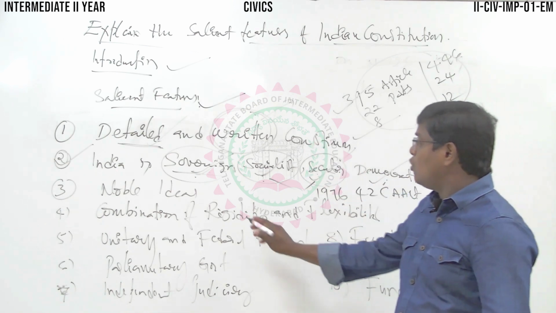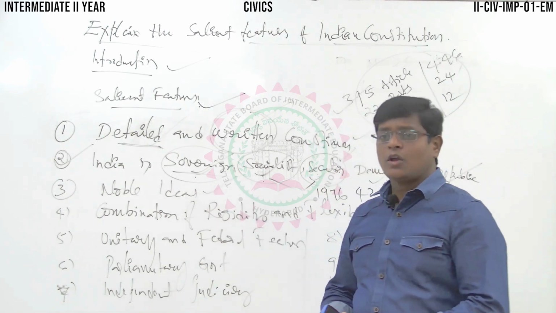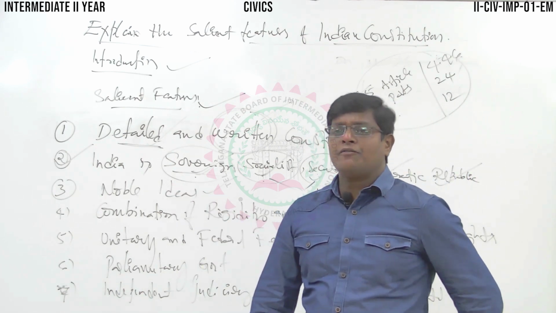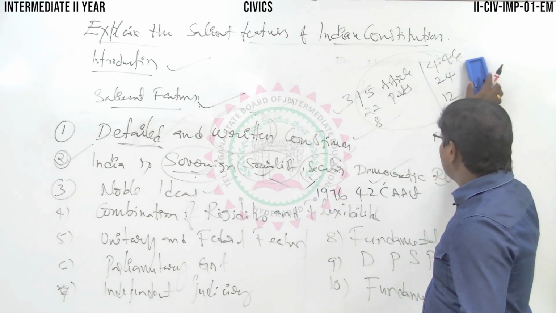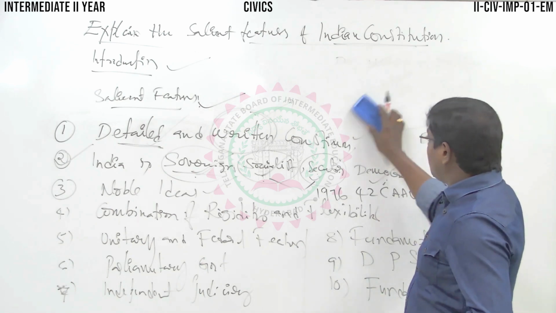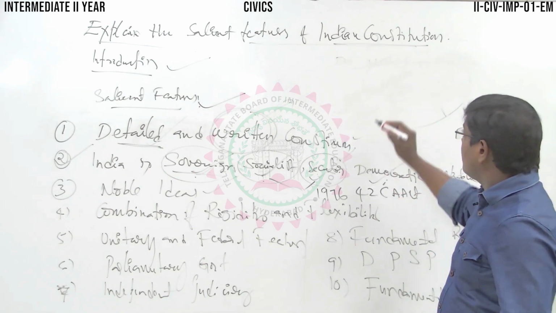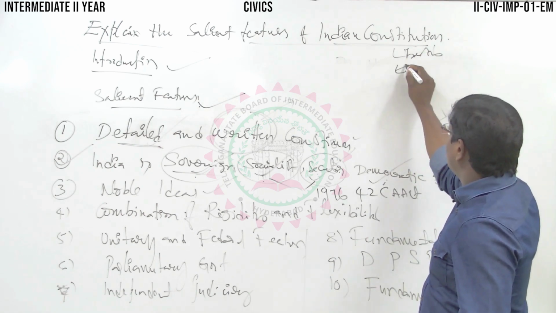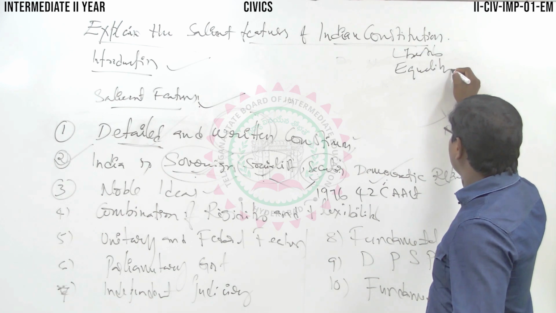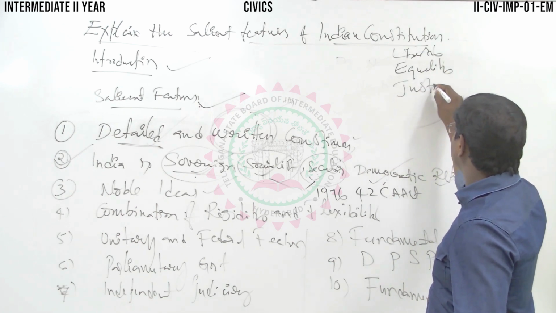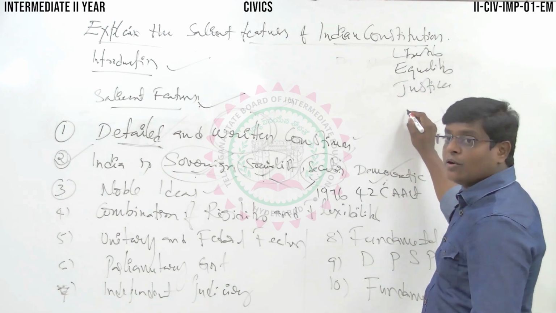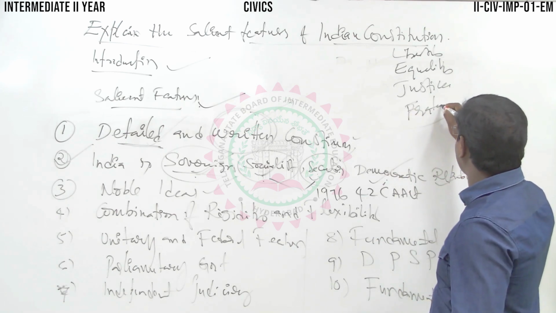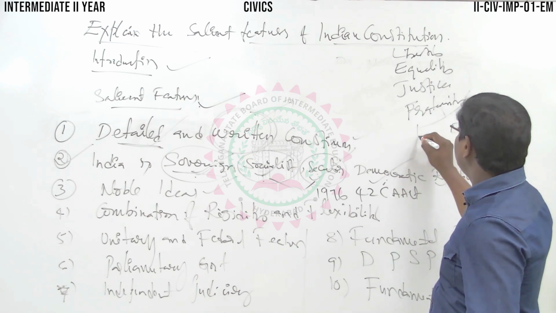Okay. Then the noble ideals. In the preamble of the Indian Constitution, there are so many noble ideals mentioned. They are liberty, equality, justice, fraternity, and integrity.